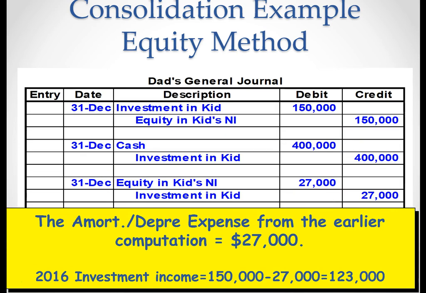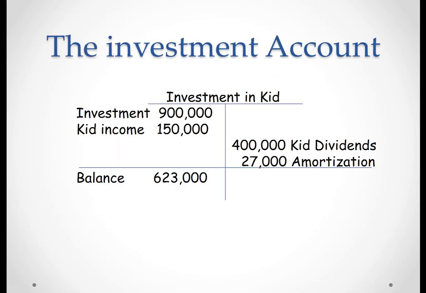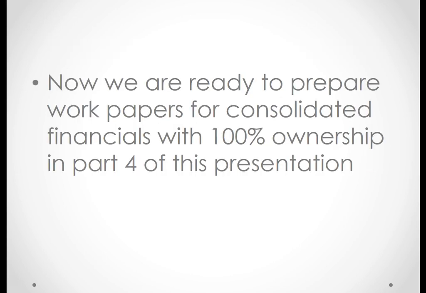Then we would book the amortization as a reduction in our income from our investment account, and we would reduce the investment account. This is what the balance in the investment account would be at the end of 2016. Now we are ready to prepare work papers for consolidated financials with 100% ownership, and this I'm going to show you in part 4 of this presentation.